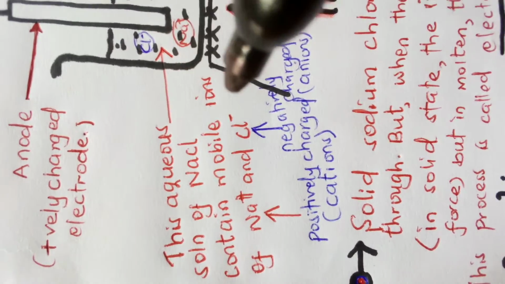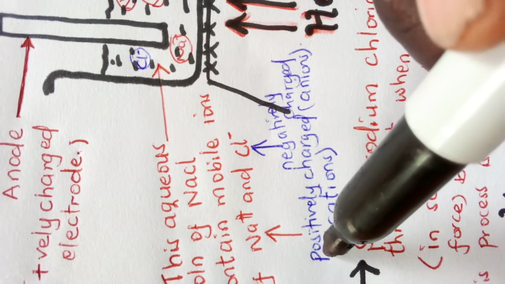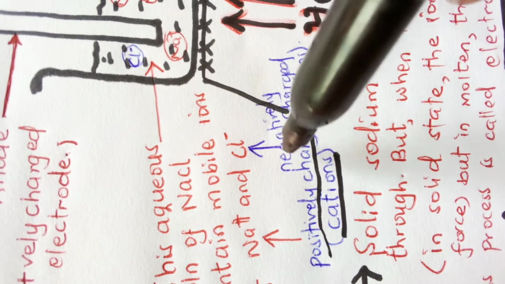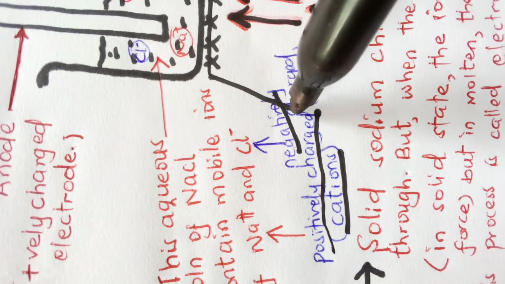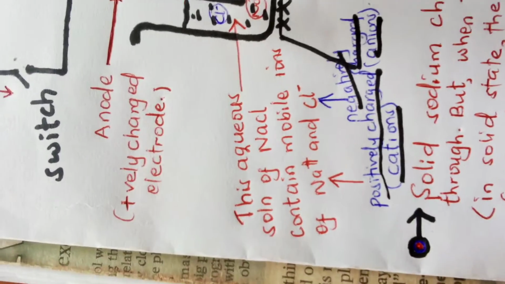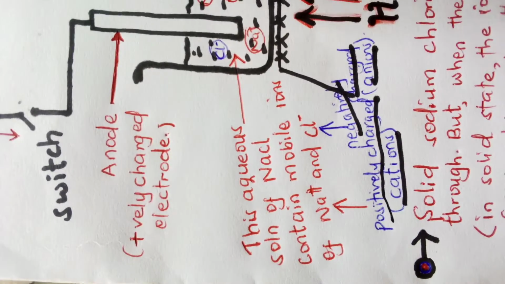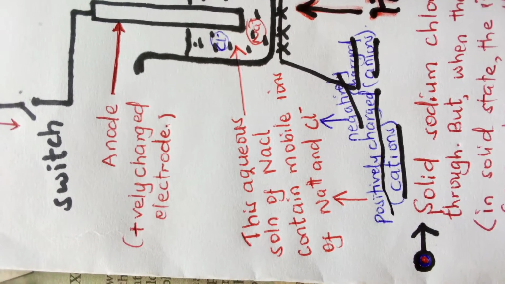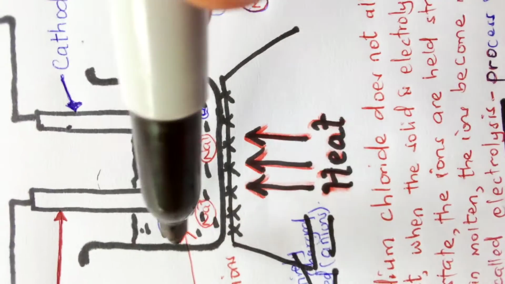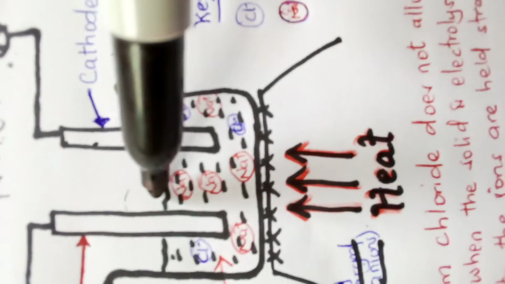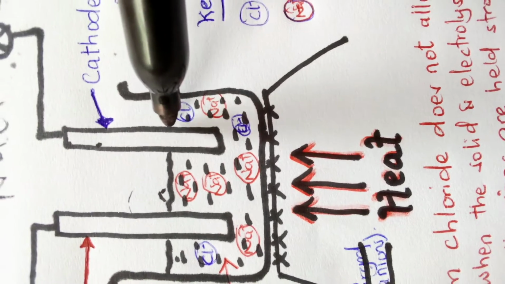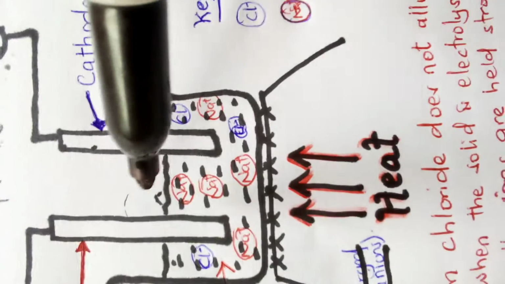The positively charged ions are known as the cations, while the negatively charged ions are called the anions. When a current is passed through sodium chloride, it gets decomposed, so the solution will contain sodium ions and chloride ions.